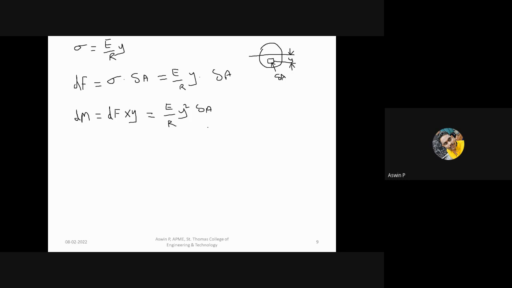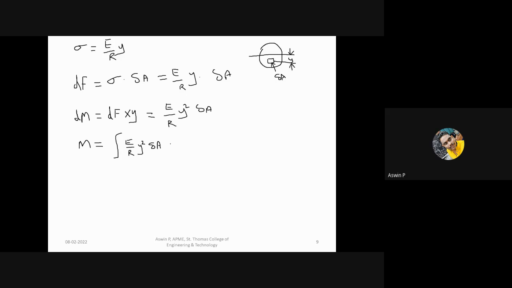So this is for an elemental strip having a cross-sectional area delta A. If you consider all the elements, that is the complete section, the moment will become the integral of E by R y square delta A. You can see that Young's modulus is constant for a material in tension as well as compression, and the radius of curvature will also be a constant value, a very large value compared to the depth of the beam.